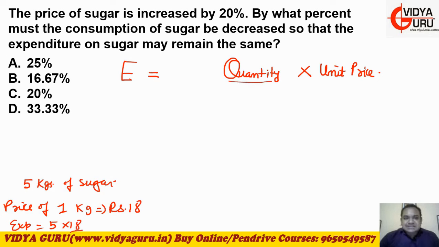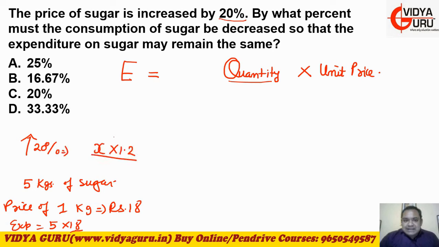So the question says the price of sugar is increased by 20%. We will see a brilliant shortcut for this, but just understand how that shortcut works. If something increases by 20%, what do we do? Suppose X increases by 20%, then we multiply it with 1.2.